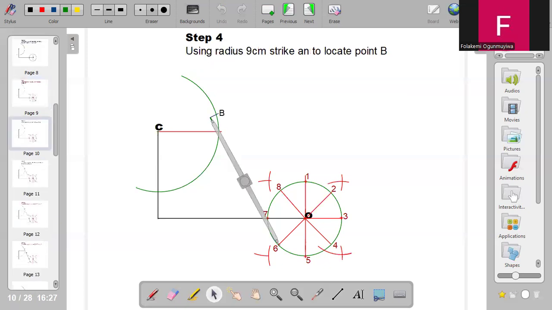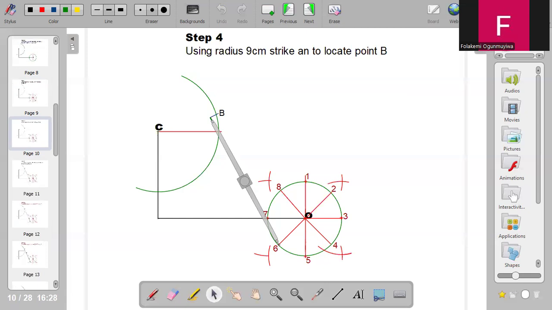After that, the next thing is just to use the length of the link, which is 9 centimeter. It was given as 180, so we divided it into 2 to get 9 centimeter. That is what you will use to locate your point B.